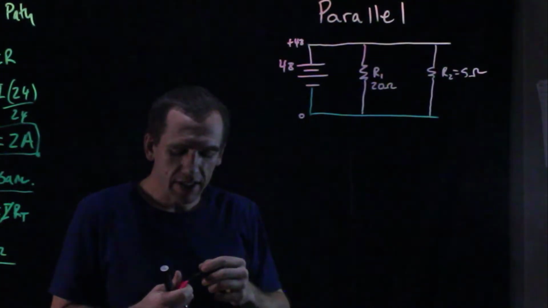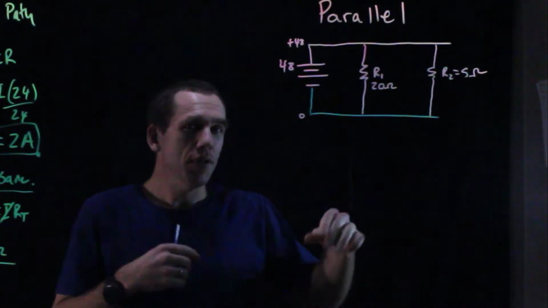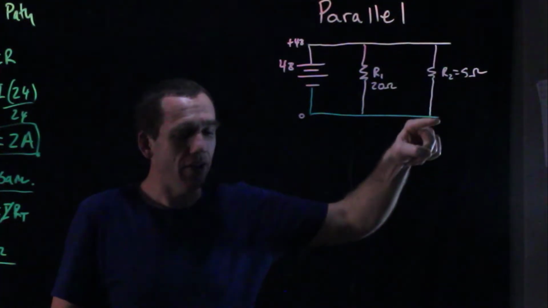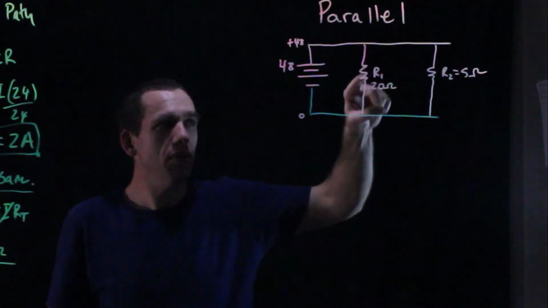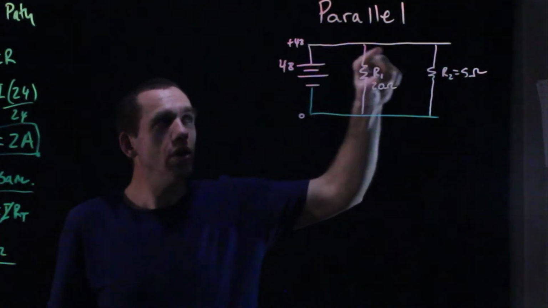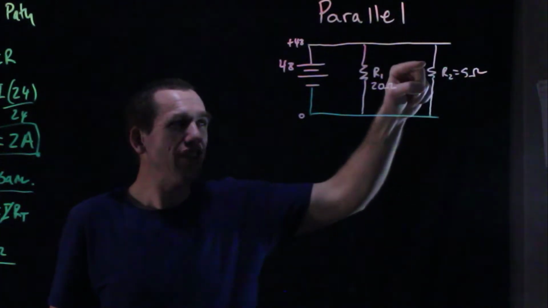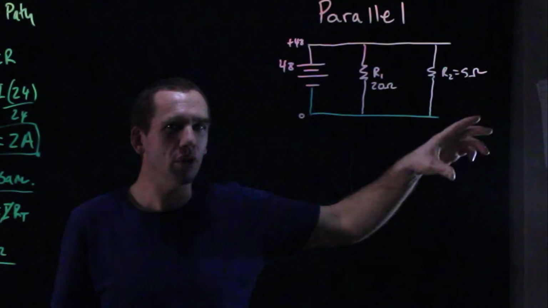Now, what do we get when we see what's going on here? Well, if you think about what I did, when I added R2 in parallel, multiple paths, now I said current can come this way or current can go that way. I added that resistance there, and that actually opened a path. And because it opened a path, it actually allowed more current to flow.